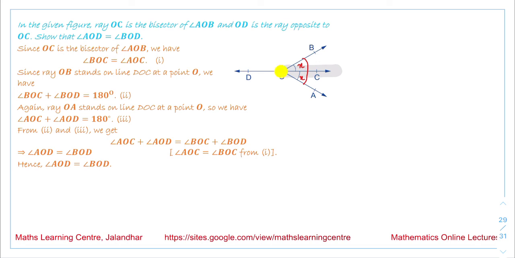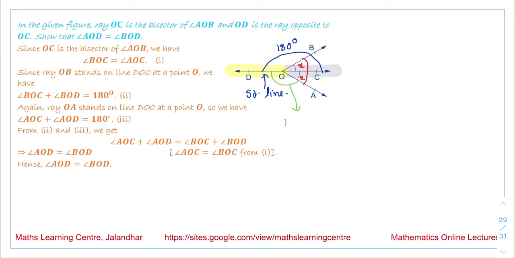What this means is that this total angle is 180 degrees, because this is a straight line. Now we have to prove that AOD is equal to BOD.